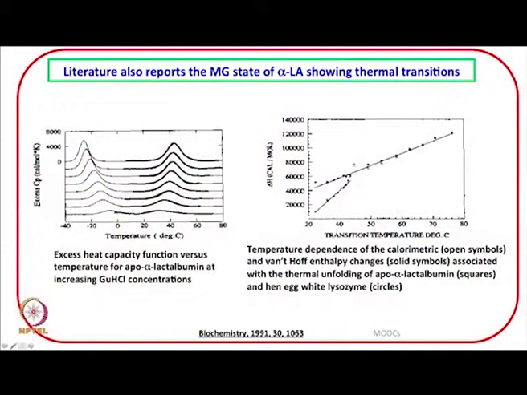Based upon this non-equivalence, you see the calorimetric enthalpy varies like this, Van 't Hoff enthalpy varies like this, and they used this information to suggest that guanidinium hydrochloride induces the molten globule state of a protein.